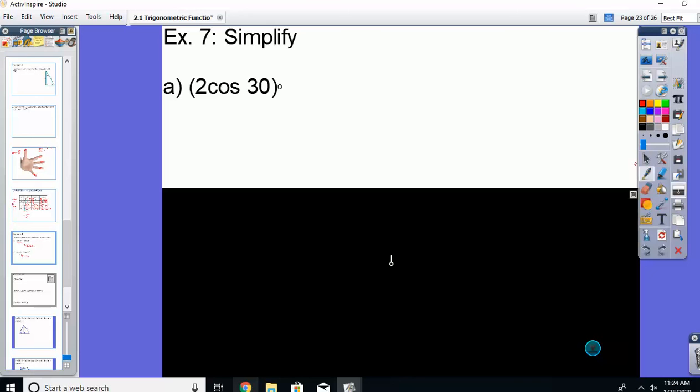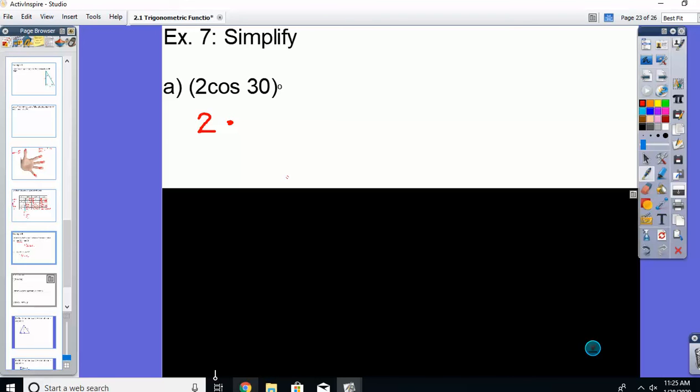I want to simplify each of these things. Two cosine of 30. So this means 2 times the cosine of 30. So if I want cosine of 30, if I fold in my 30, what's the value of cosine?